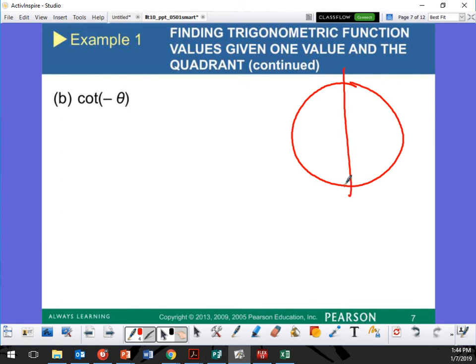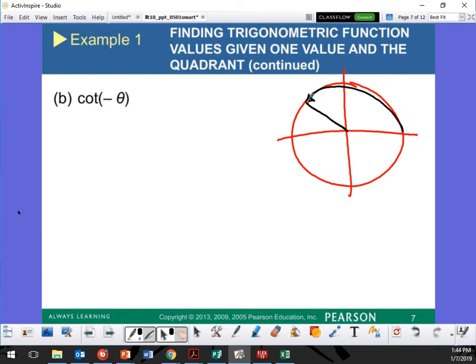If my angle starts off and goes somewhere to quadrant 2, right? Let's say it goes to right here. If I would go backwards on that, instead of going this way, the negative angle would put me which way?